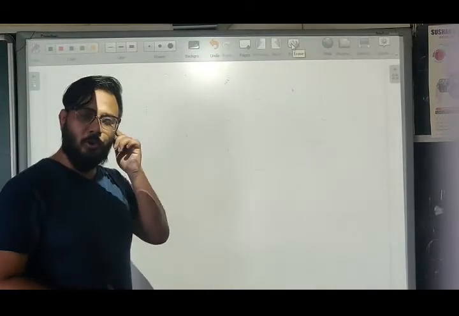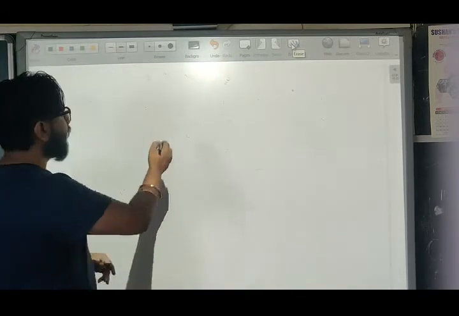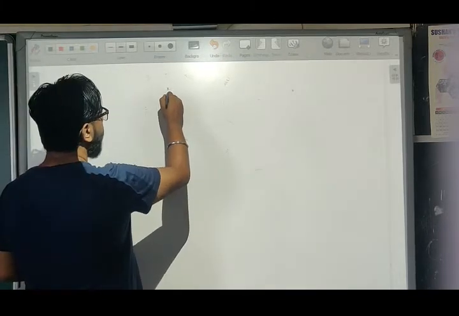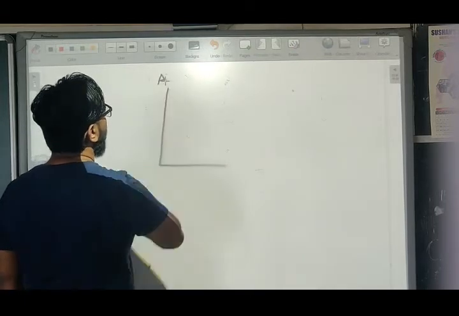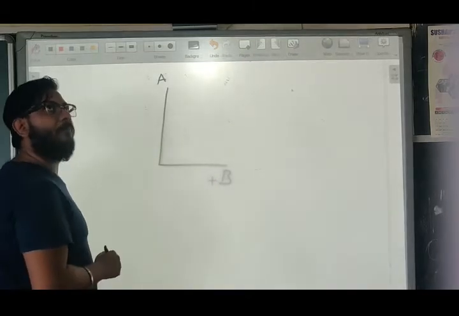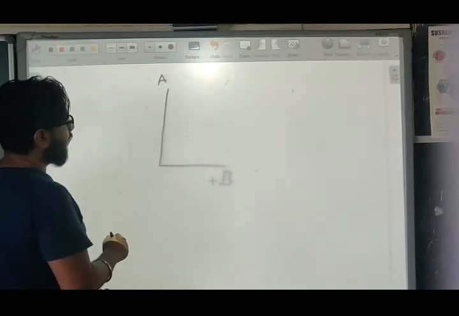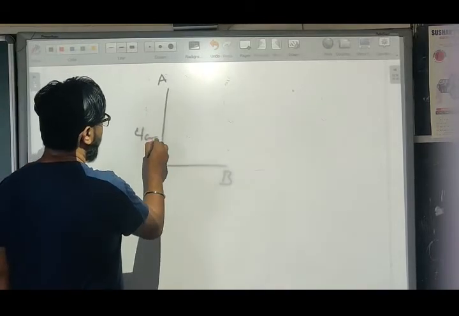Now let's move on to distance and displacement. Let's say there's a boy at point A and he moves on to point B. Let's say this distance is 4 centimeter and this is 3 centimeter.